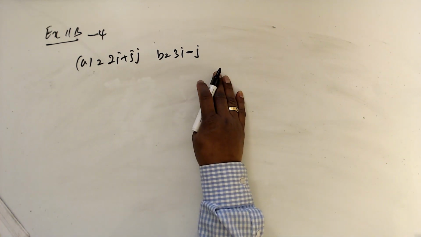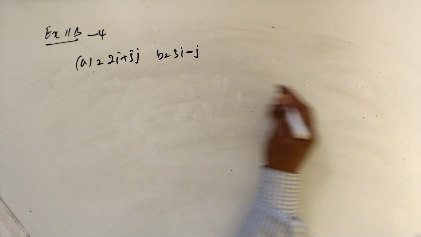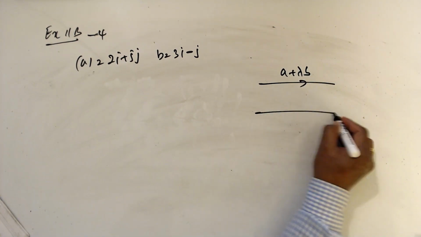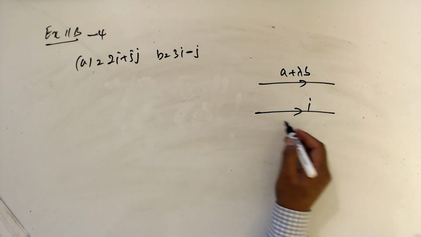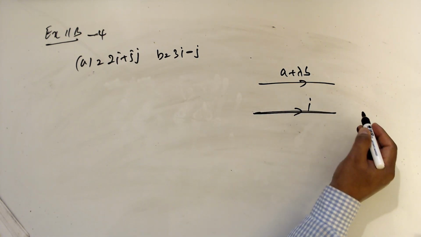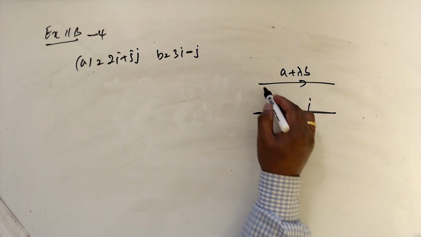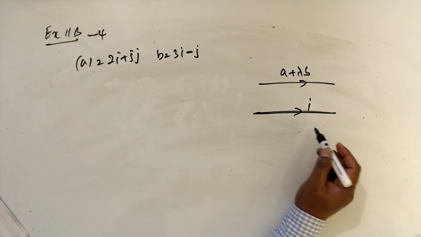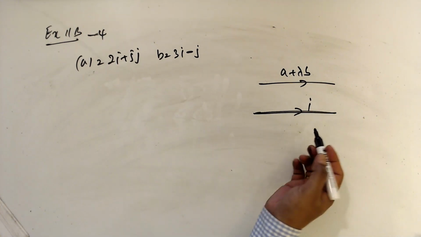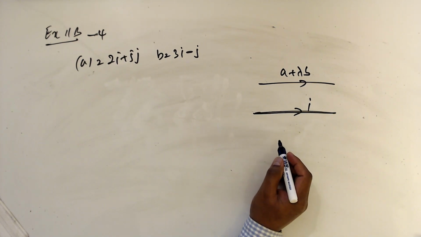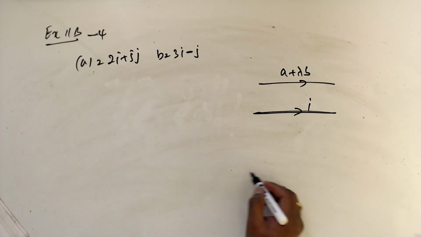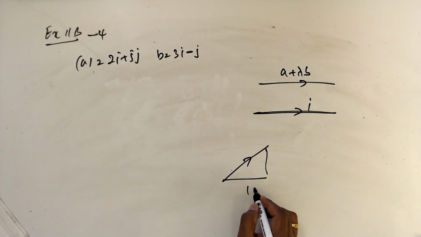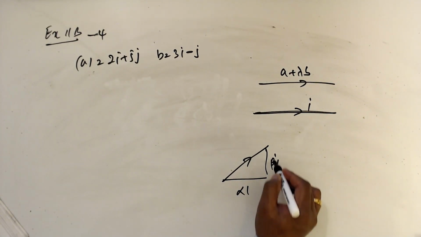Question number 4. A and B given. It says that A plus lambda B is parallel to i. So i is along the x-axis. There is no y, j component, so the j component has to be 0, because for this kind of vector we have an alpha i and a beta j.